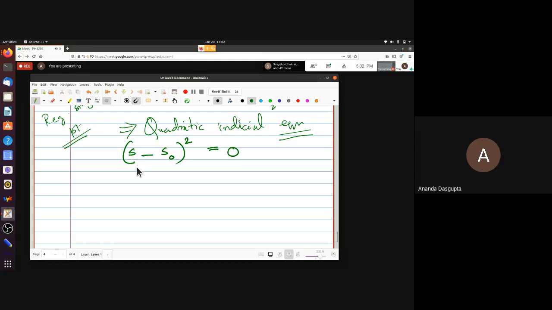And you're also going to get an indicial equation. By solving the indicial equation, you can get only one solution, which is s equal to s0. And that is the one which we have to use. Is that okay? Clear?